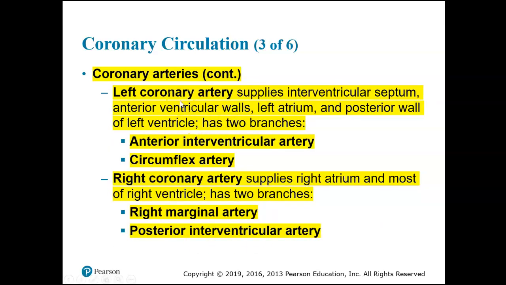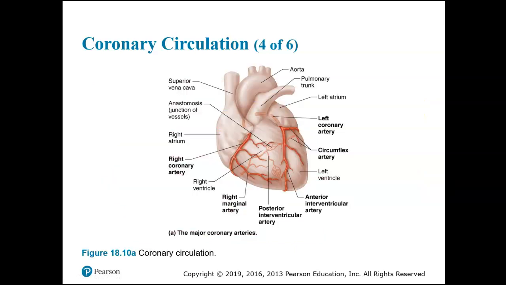The left coronary artery supplies the interventricular septum, the anterior ventricular walls, the left atrium, the posterior wall of the left ventricle, and it has 2 branches, the anterior interventricular artery and the circumflex artery. Then you have the right coronary artery that branches into the right marginal artery and the posterior interventricular artery.